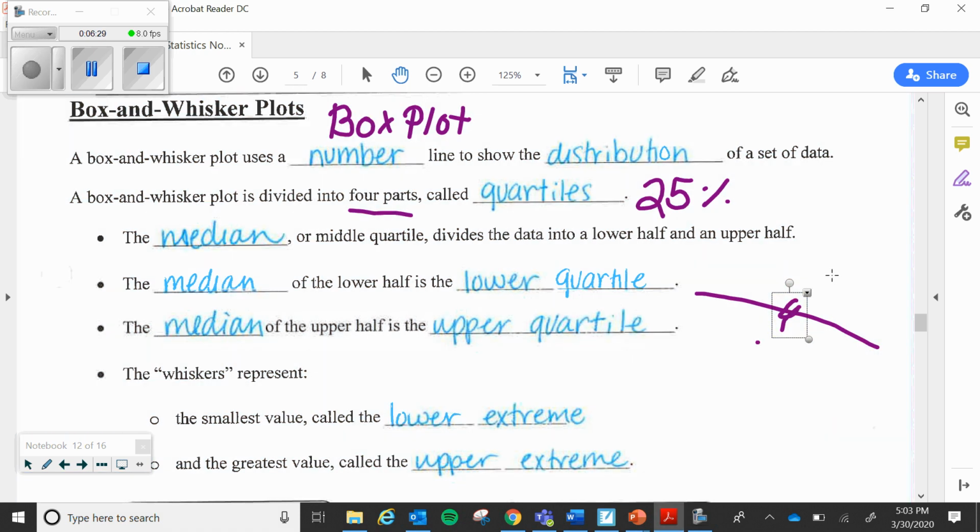If we have our median right there, then our lower quartile is going to be the median of just this lower section, so the middle of the lower section. I'm going to put an LQ right there. So the median of the lower half is our lower quartile, which means the upper quartile is going to be the median of the upper half. So I'm going to put a UQ right there.